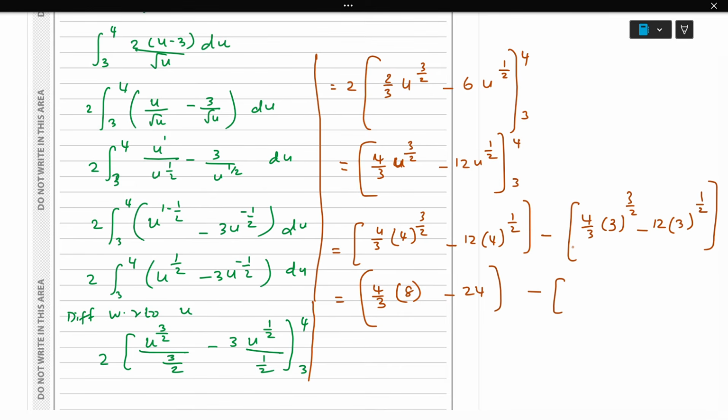minus here 4 by 3 into square root of 3, so which is 3 power 3 by 2, or 3 root 3.